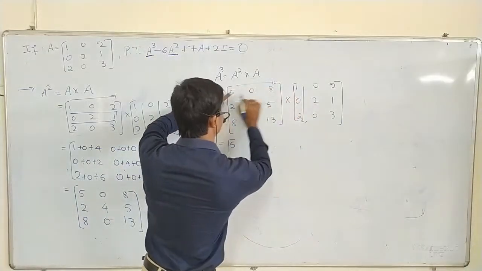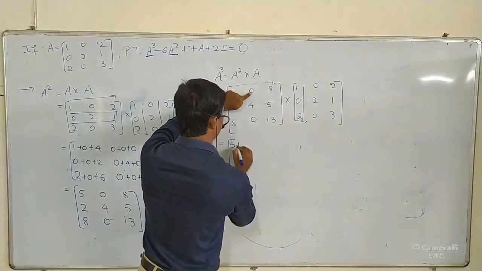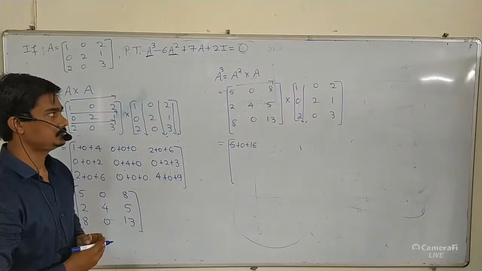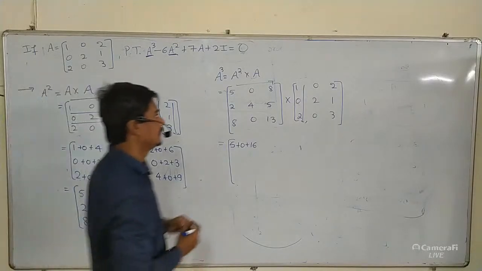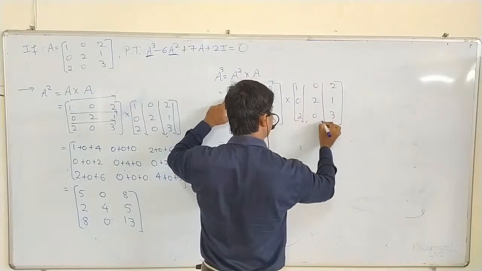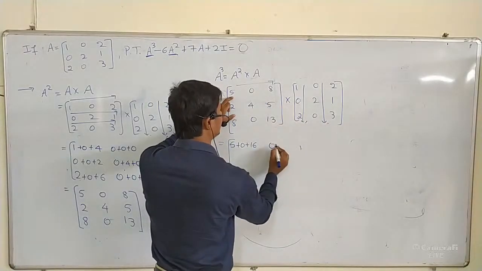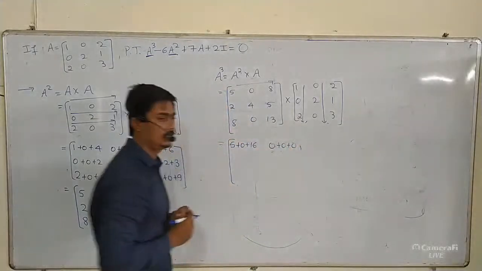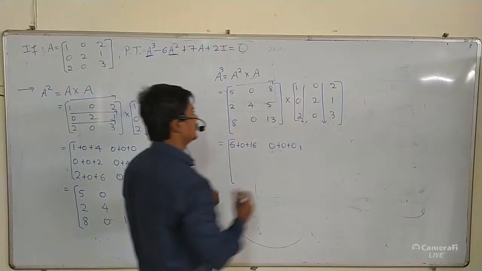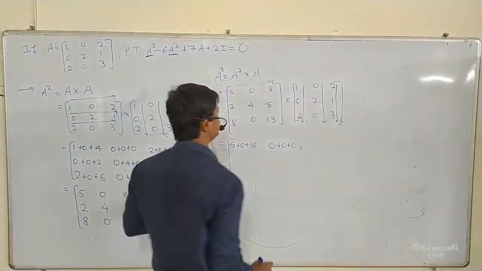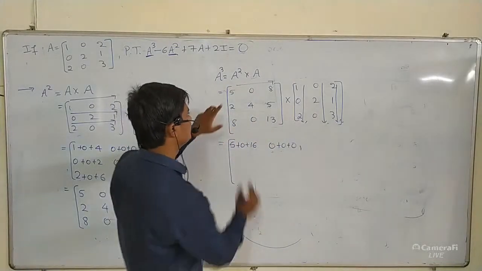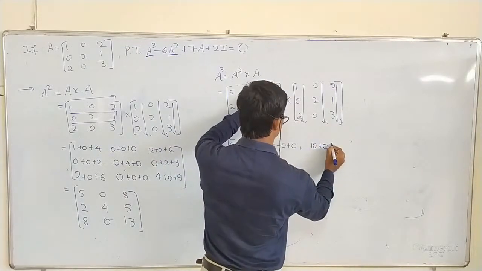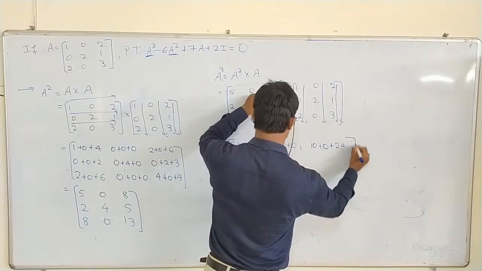First row, first column: 5 ones are 5, 0 into 0 is 0, 8 twos are 16. Okay. First row, second column: 5 zeros are 0, 0 twos are 0, 8 zeros are 0. First row, third column: 5 twos are 10, 0 ones are 0, 8 threes are 24.